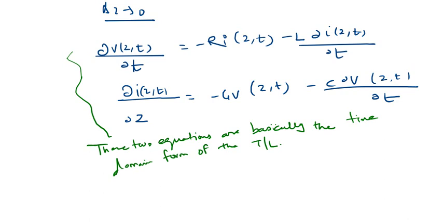For the sinusoidal steady state condition, we can write it in the form of phasors. We all know that del divided by del t can be replaced by j omega.